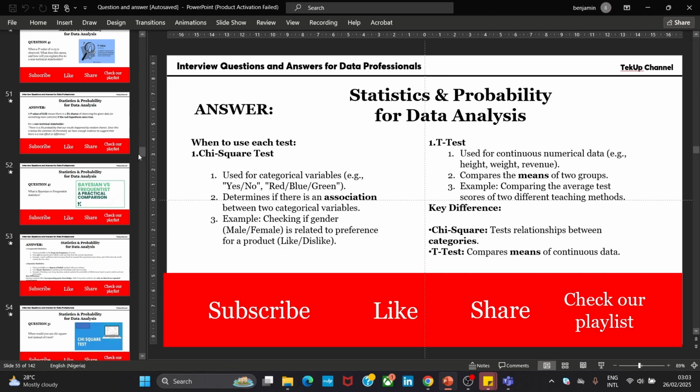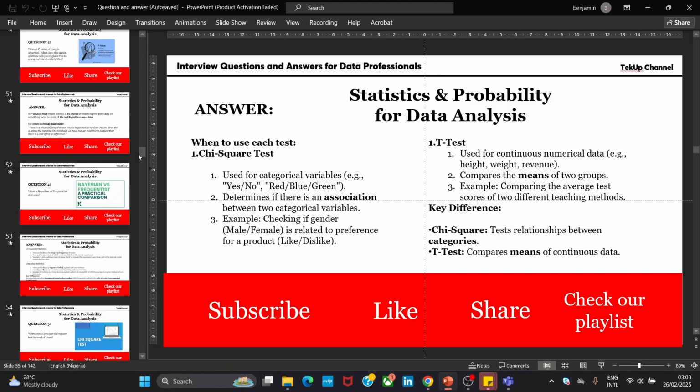T-test. A t-test is used for continuous numerical data. Example, height, weight, revenue. It compares the means of two groups. Example, comparing the average test scores of two different teaching methods.